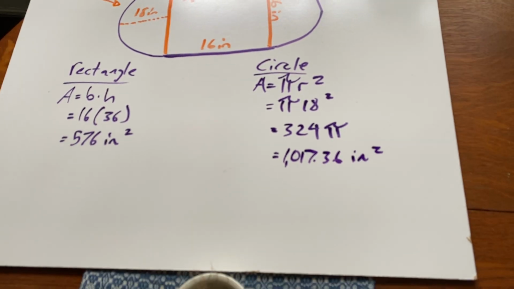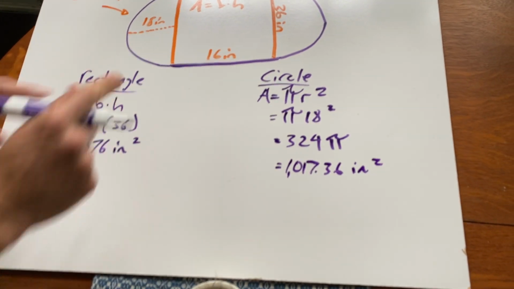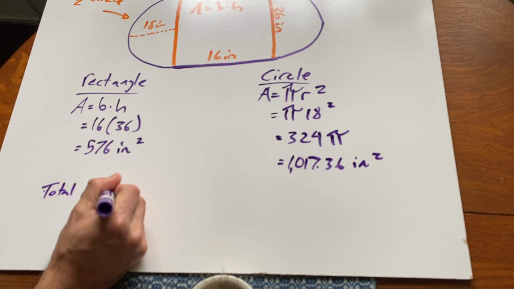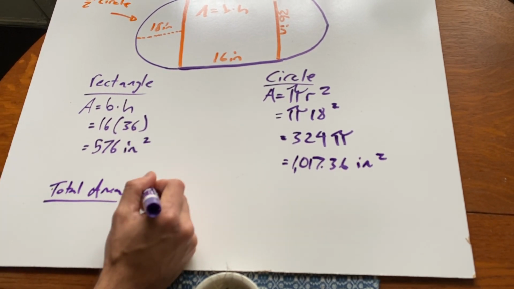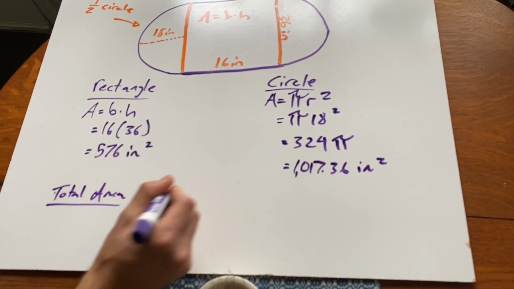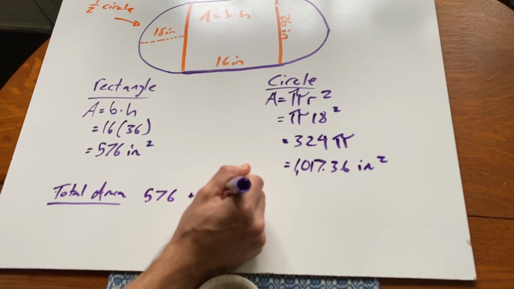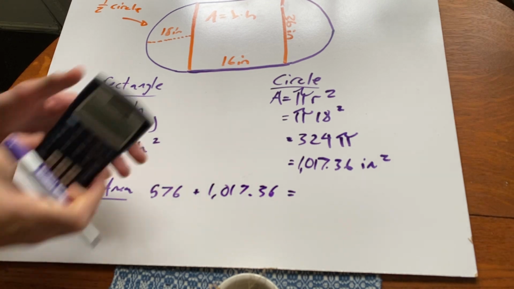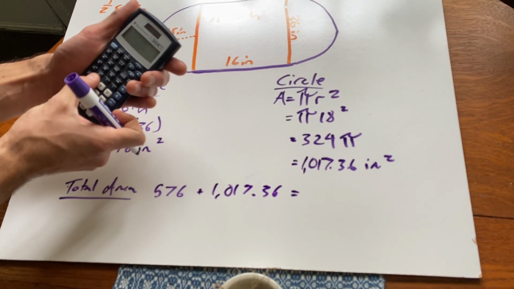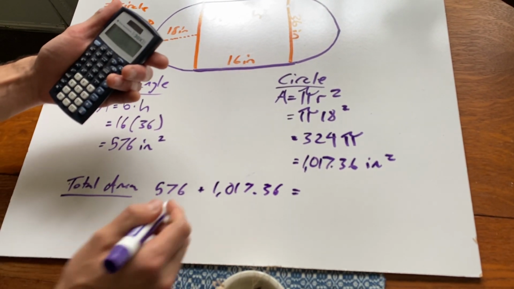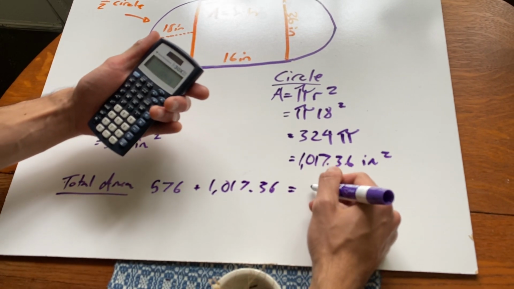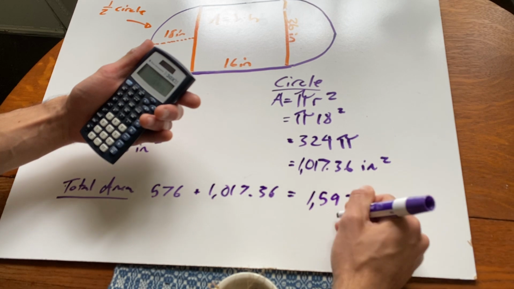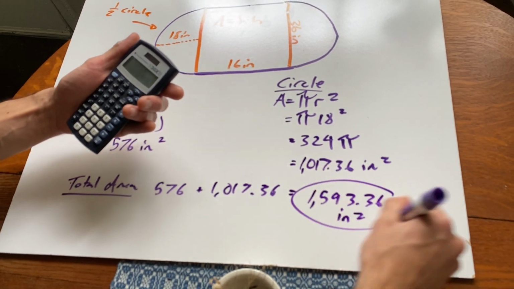Okay, now I'm not done, because the last thing I need to do is combine these two figures. So total area is going to be 576, that's the rectangle, plus 1,017.36, that's my 2 halves of a circle, which is 1,593.36 inches squared.